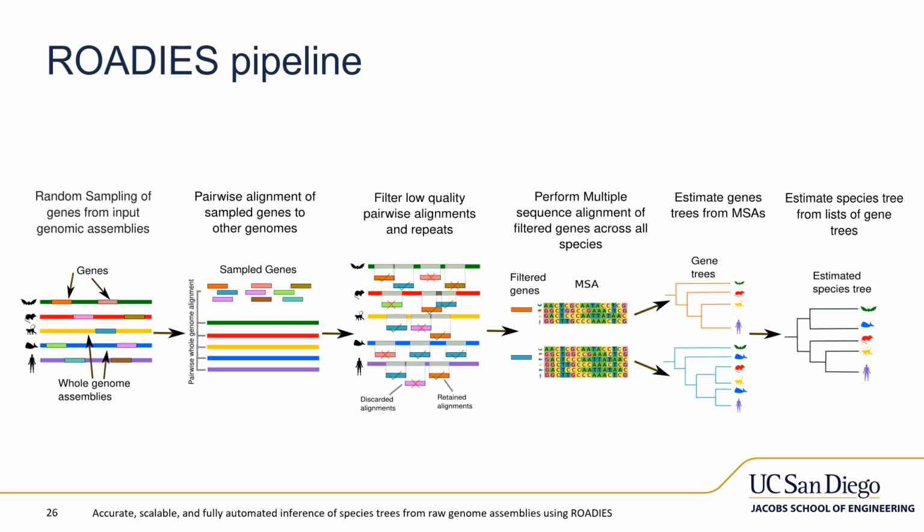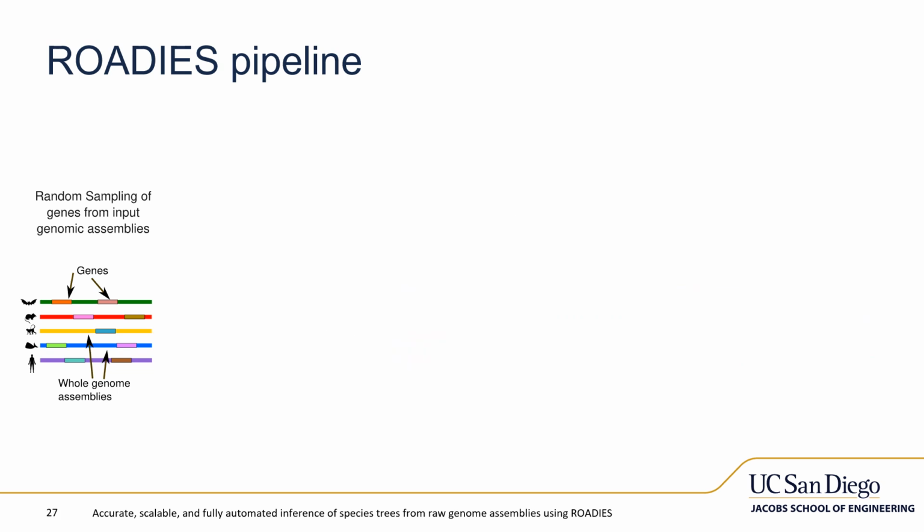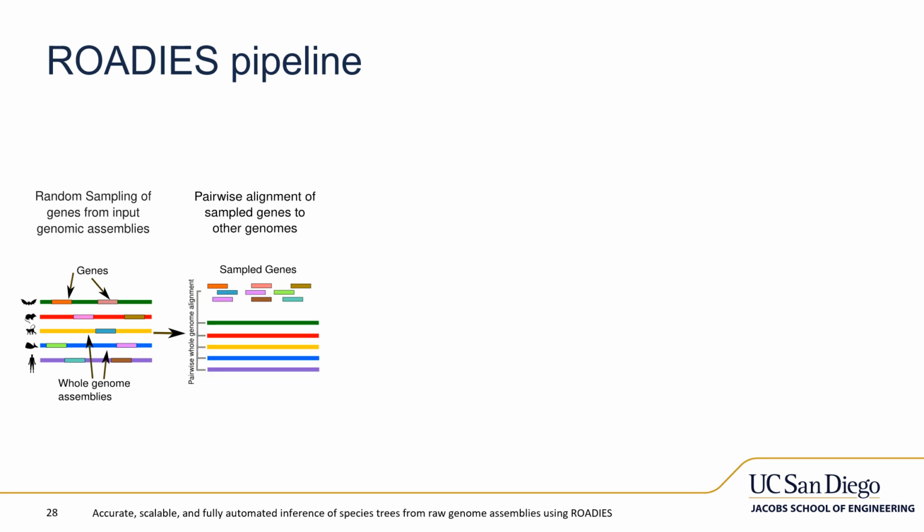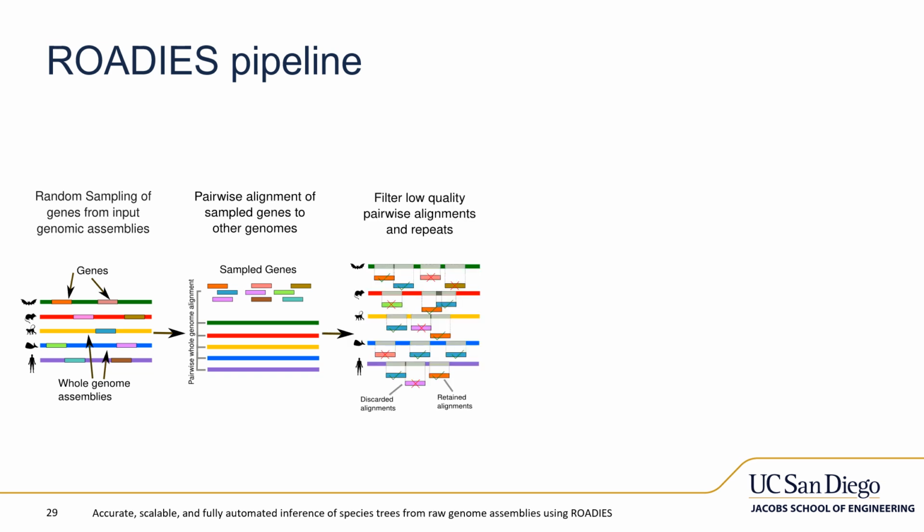So the entire pipeline of ROADIES is divided into 6 different steps as shown here. First, we randomly sample the genes from the input genomic assemblies. Second, we use a whole genome aligner to take the sampled genes and find where the homologs are using this pairwise sequence alignment tool LASTZ. Then, we discard the bad matches and also repetitive matches from a small genomic region.